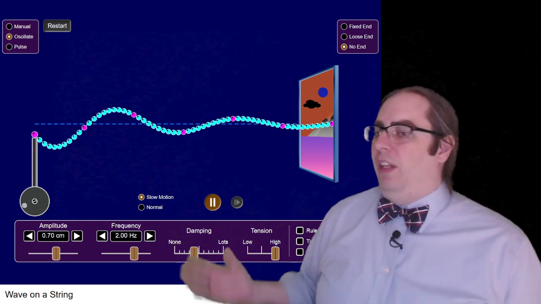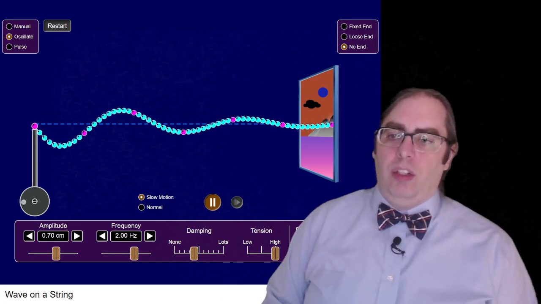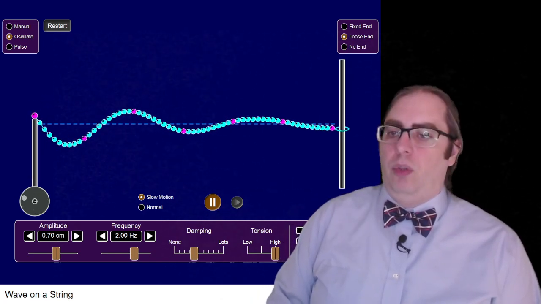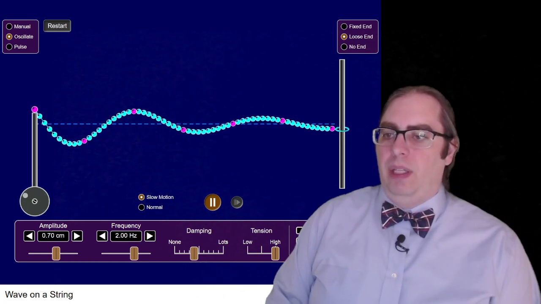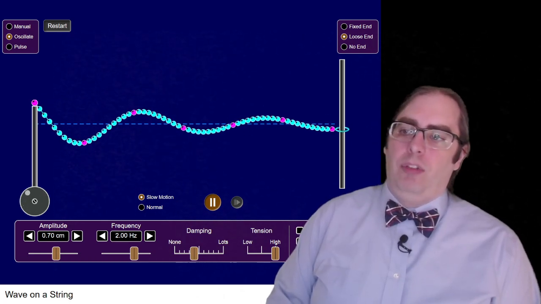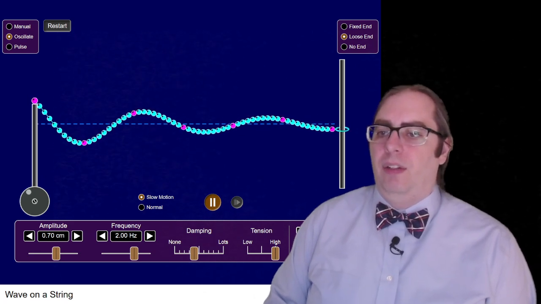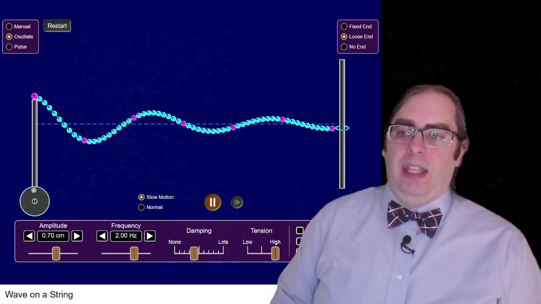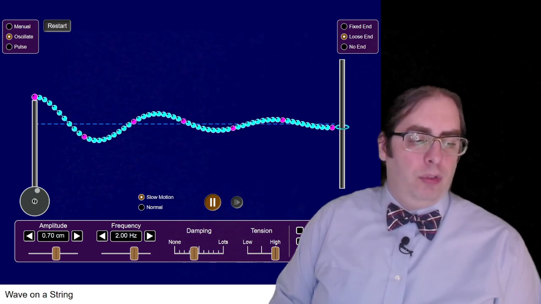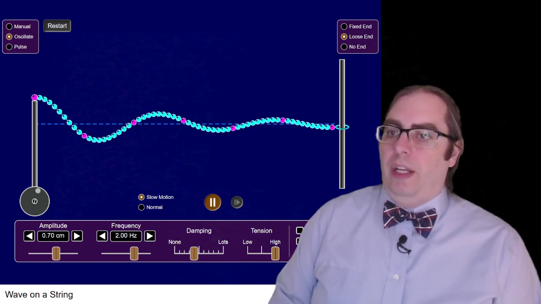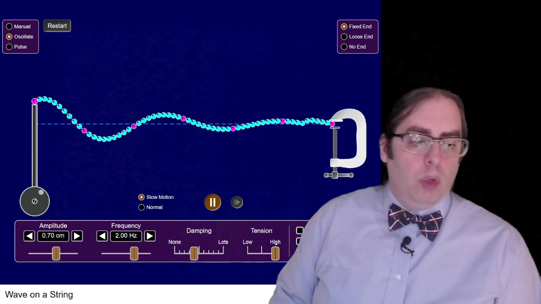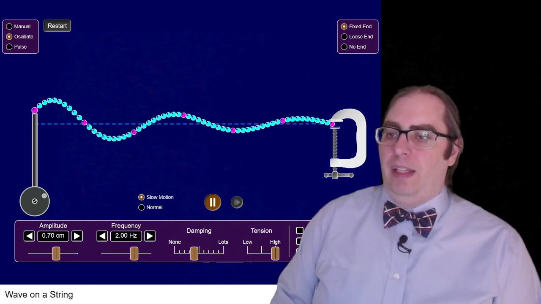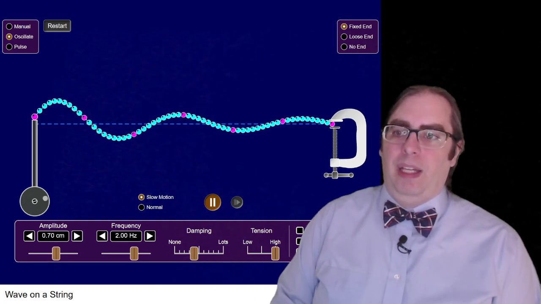Another thing is that this string is set to continue onward indefinitely. That's also not something that usually happens. In reality, we usually have to do something on the other end. We can have the other end able to oscillate on a fixed post, or we can just completely eliminate the other end and force it to stay in one place.